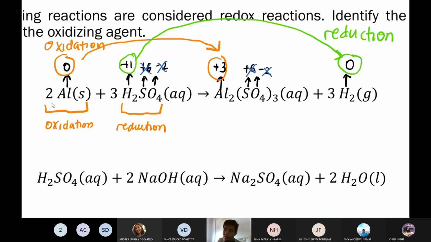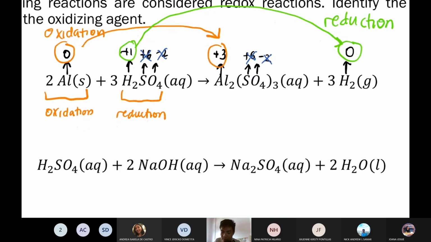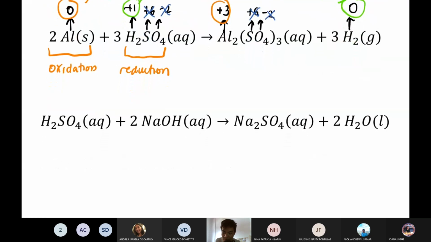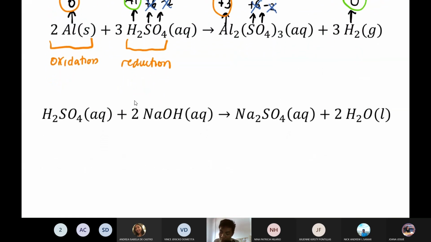Okay, so ganun lang. So this one underwent oxidation, this one underwent reduction. Specifically hydrogen. Okay. This is single displacement, 'di ba? Single replacement reaction. How about itong nasa baba? Itong nasa baba ay acid-base reaction.